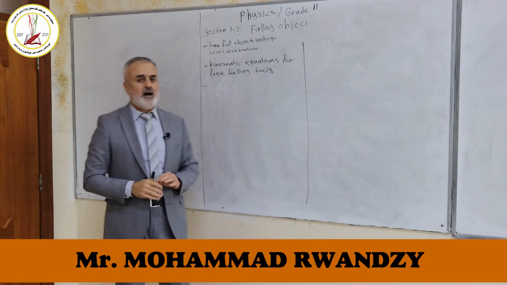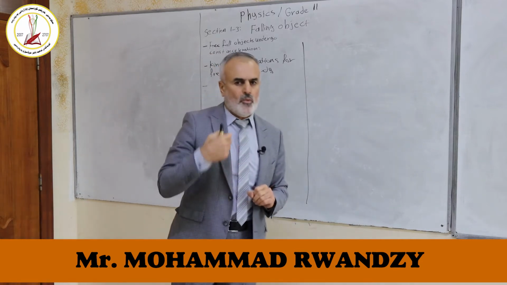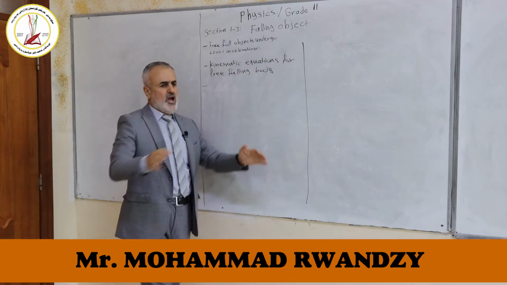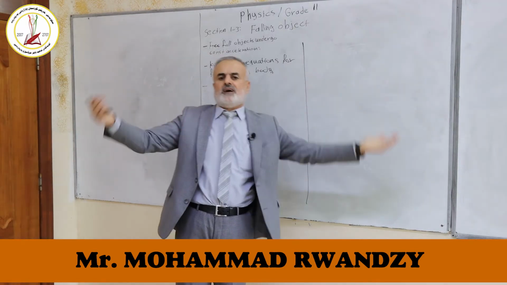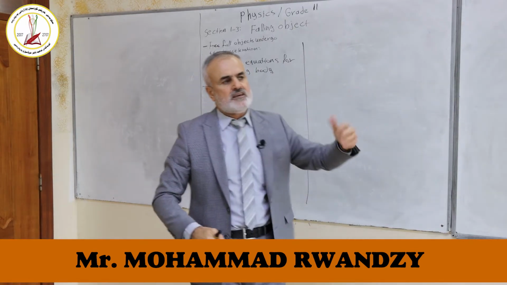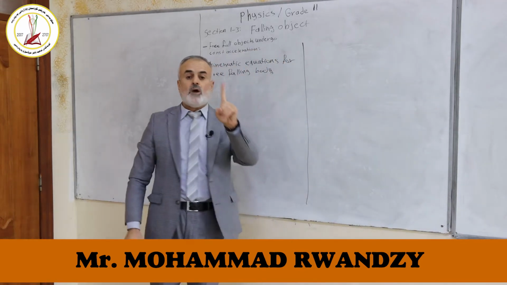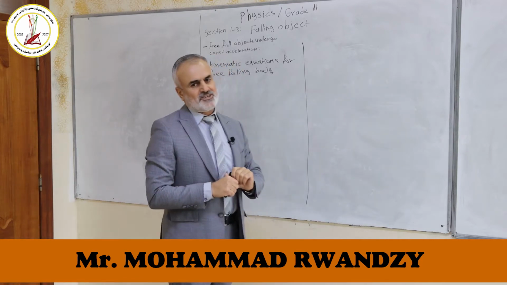So here, student, we have the acceleration equal to 9.81. Okay, so this is the free falling object, neglecting any other factors like air resistance, other forces. So here we have only one force, which is the gravitational force.